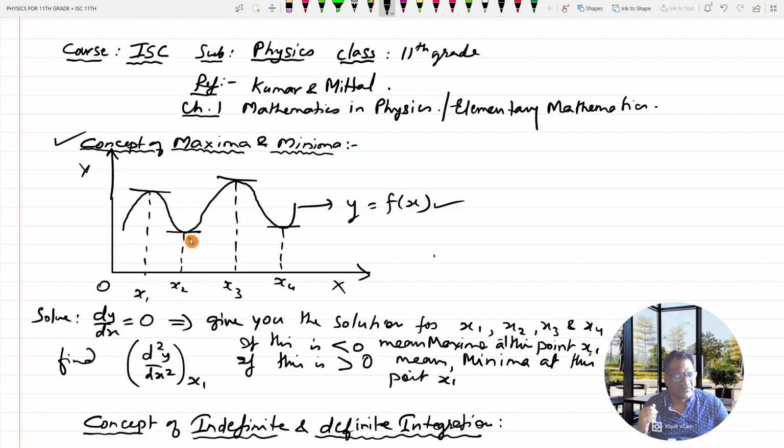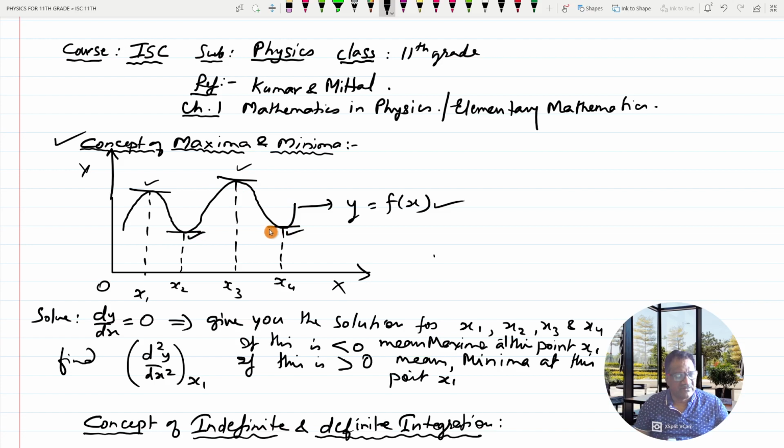So these points x2 and x4 are known as the minimum points, or points of minima. In the same way, x1 and x3 are known as points of maxima, because at x1 and x3 you get peaks. Wherever you get peaks, those are known as maxima.